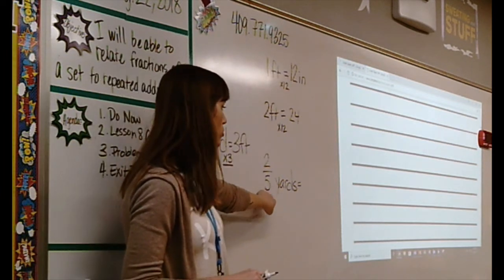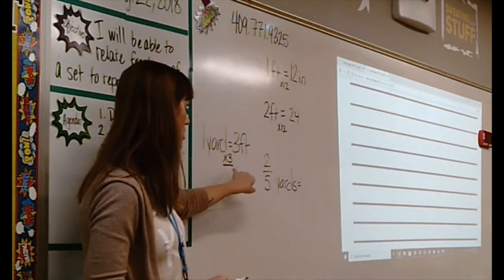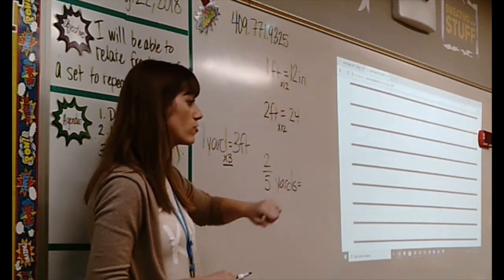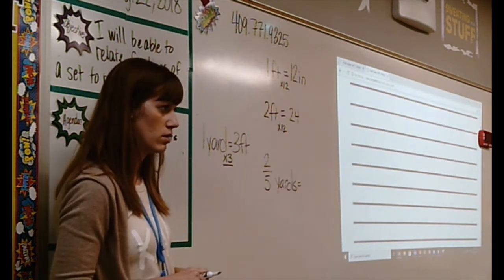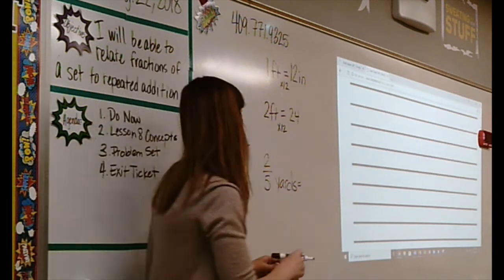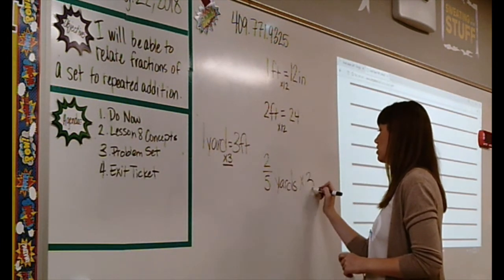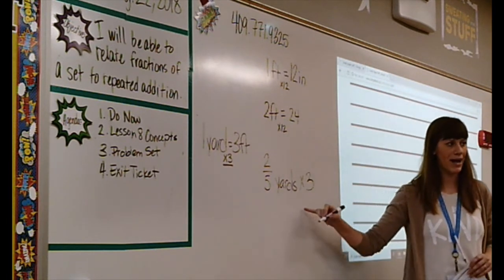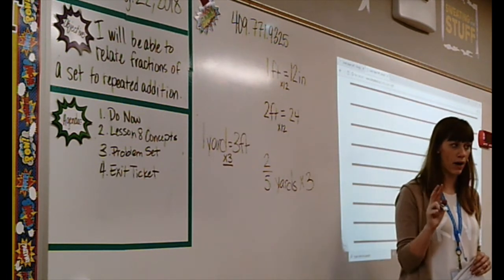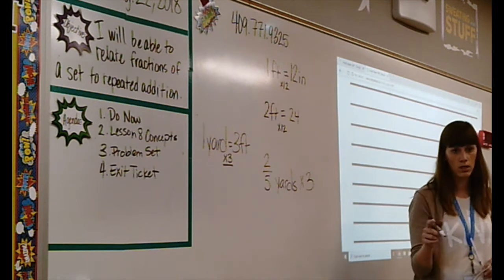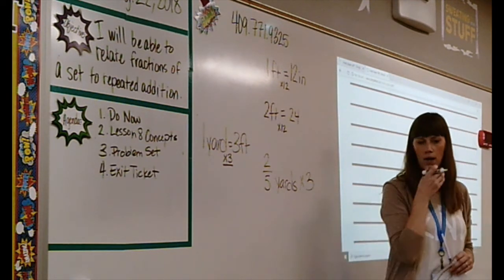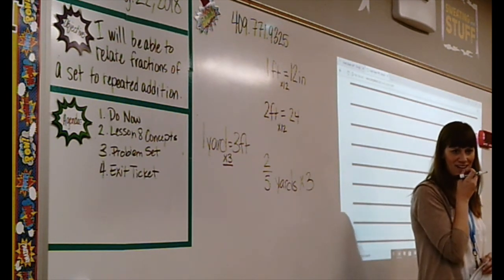So if I want to find 2/5 of a yard in feet, what do I do to my 2/5? Multiply by 3. Yes. So 2/5 times 3. Okay? And how do I do this? There's 2 steps, right? Why?